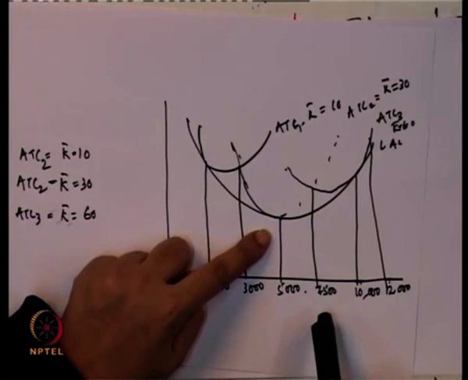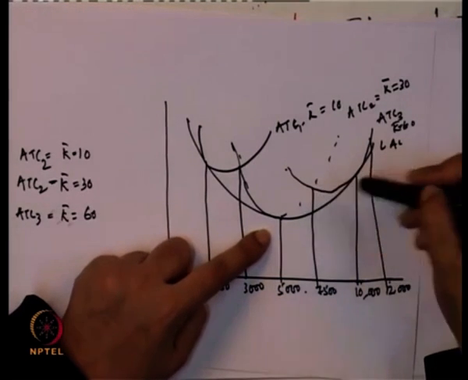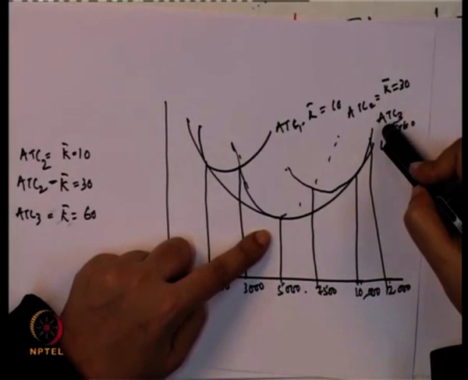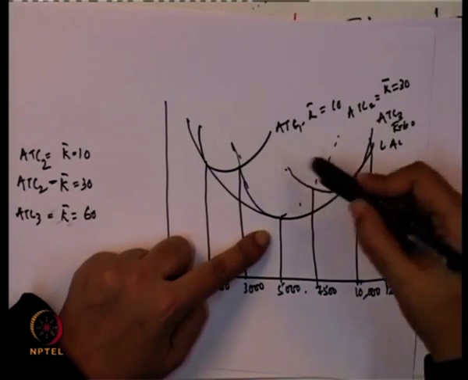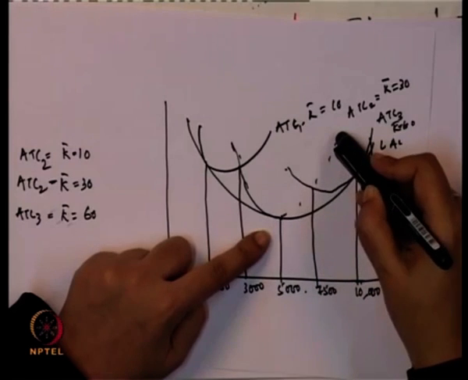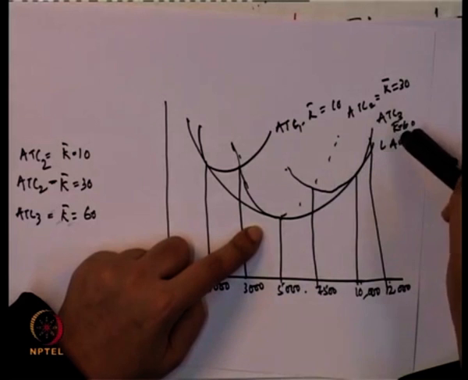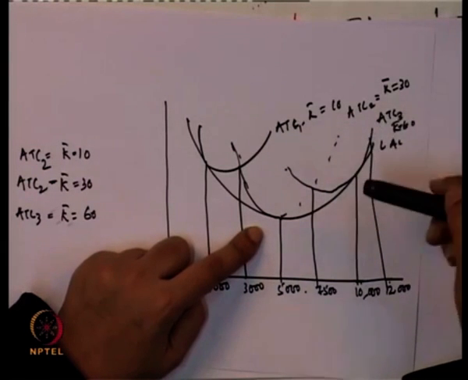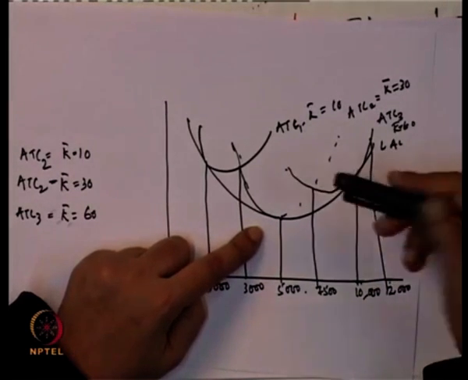Similarly, if you look at the output level 7500, this can be produced either by using short run cost curve 3, that is ATC 3, or the short run cost curve 2, that is ATC 2. If it is produced with the help of ATC 2, it is lying at the increasing cost portion of the average total cost curve, and if it is produced through ATC 3, then it is produced at the decreasing portion of the short run cost curve.